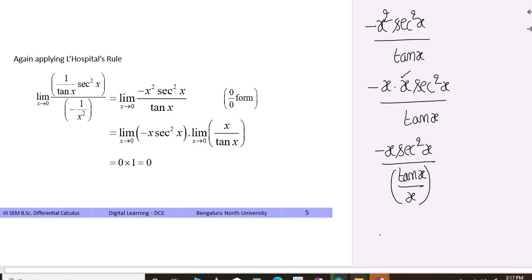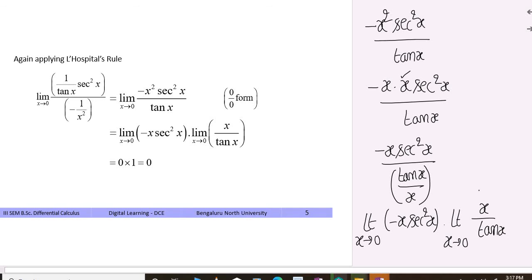Now applying limit separately. Limit x tends to 0 minus x secant square x into limit x tends to 0 tan x by x, which can be written as x by tan x.